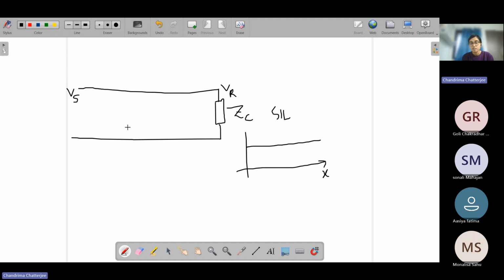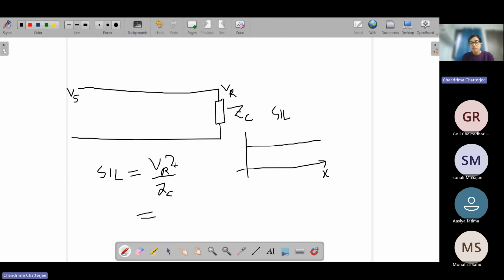So Vs equals VR, and your SIL value would be VR square by ZC. This is PR square by ZC.